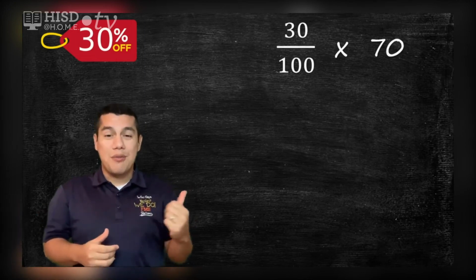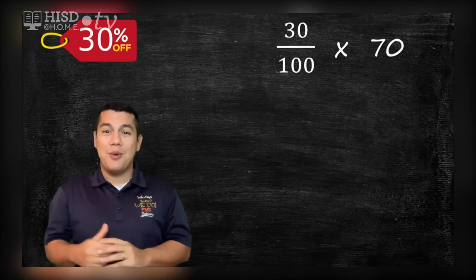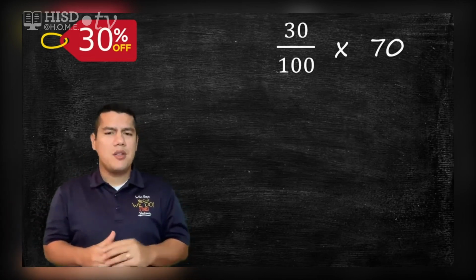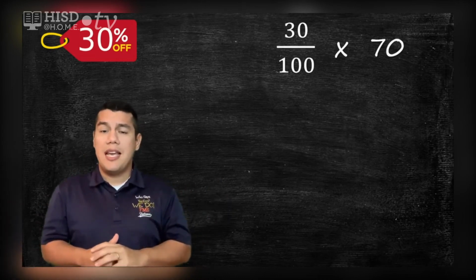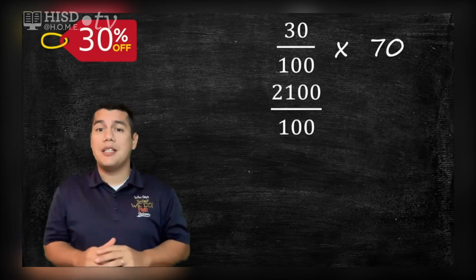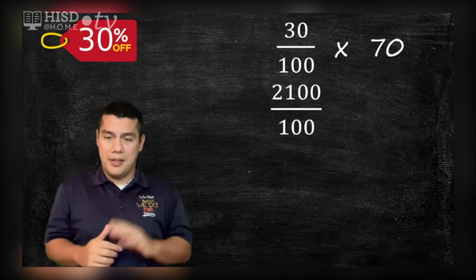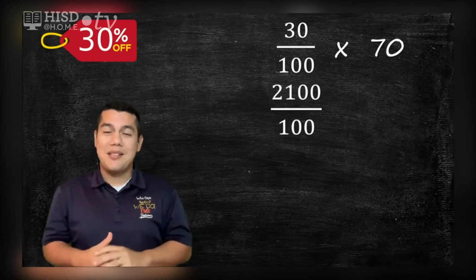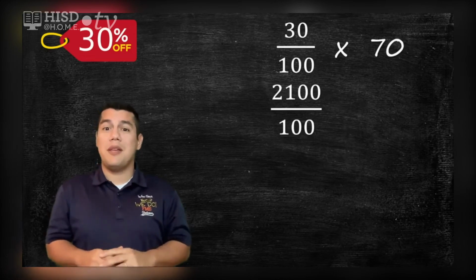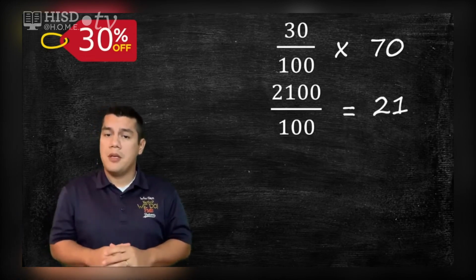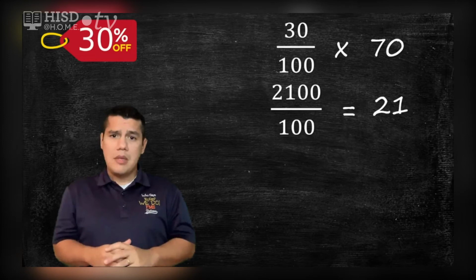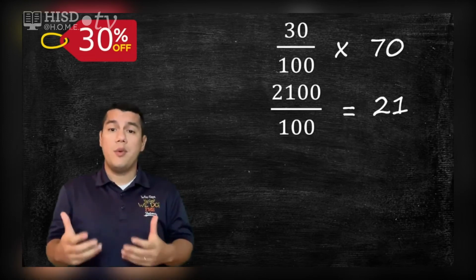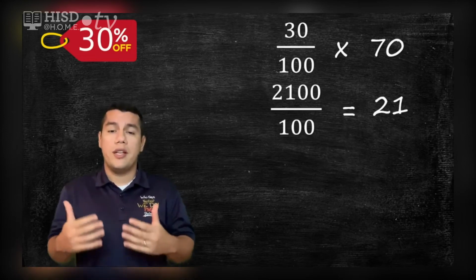In order for us to solve this multiplication, we learned last week that we can just multiply the numerators and it's going to give us 2,100 divided by 100. Once I do this division, my result is going to be $21. So now I know that the discount that they will receive will total 21.